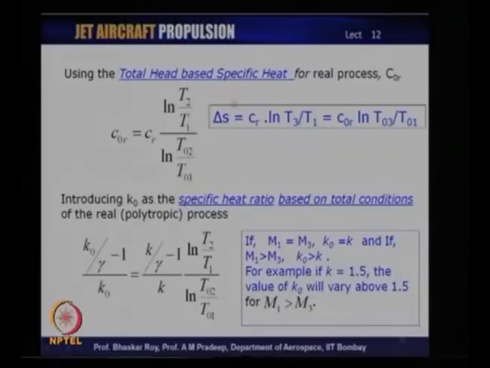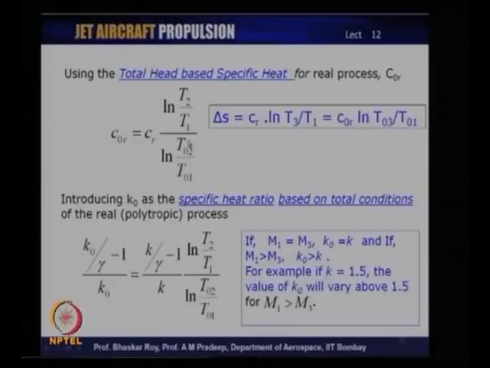such that delta S, S of course is the entropy, is equal to C r into ln T 3 by T 1 across the entire compression process, and that would be equal to C 0 r into ln T 03 by T 01, T 03 being the exit condition, T 01 being the entry condition.